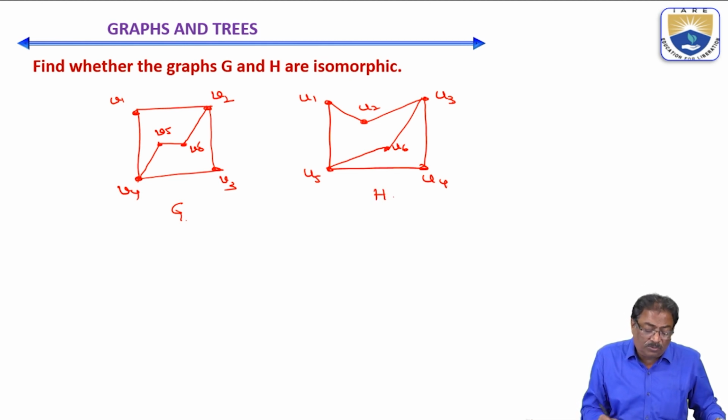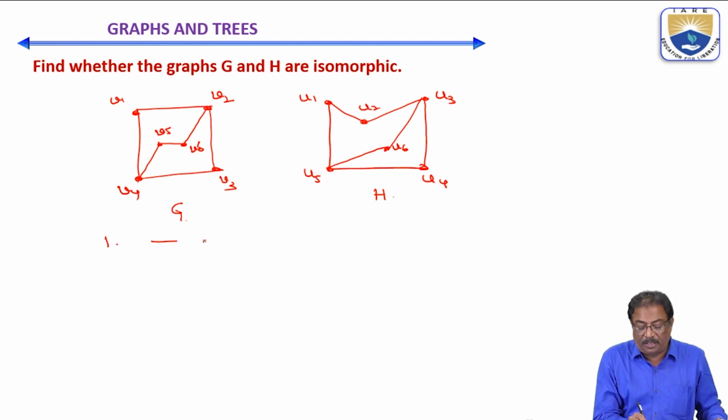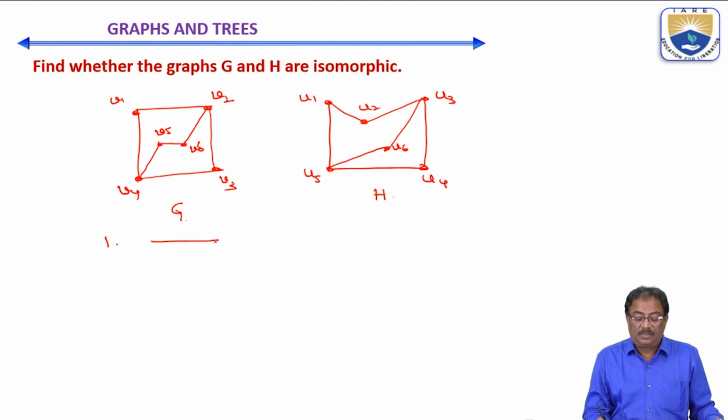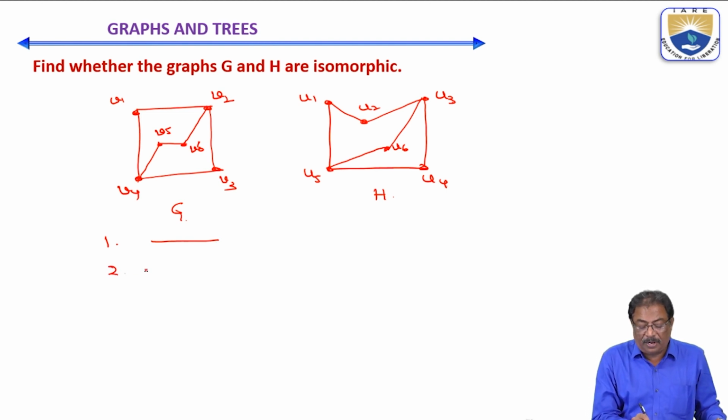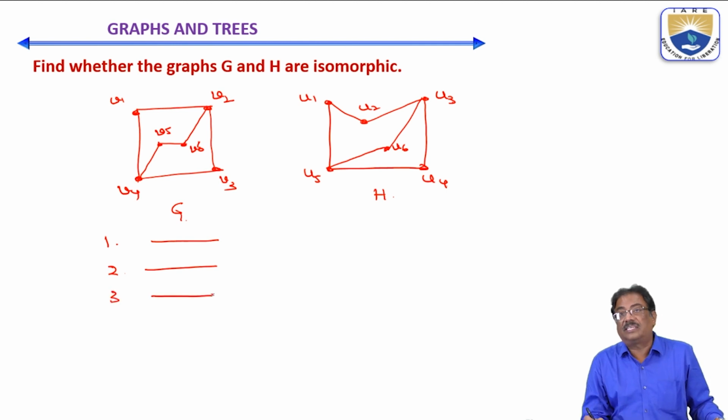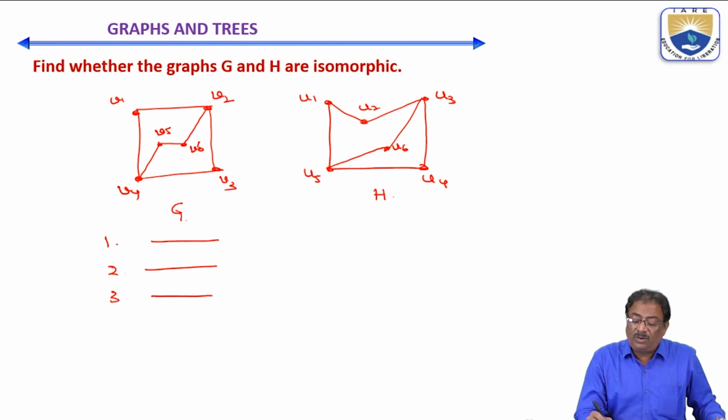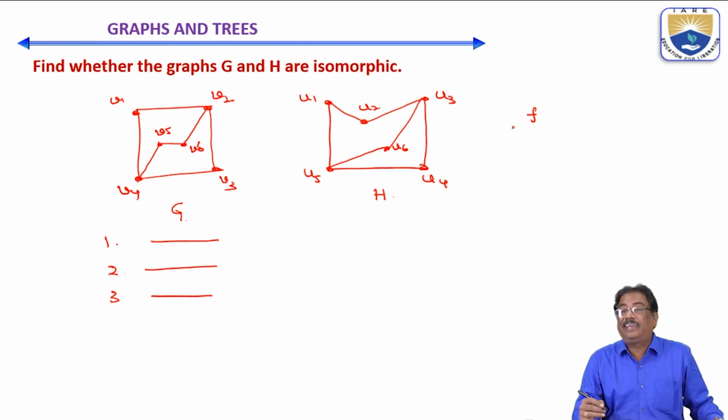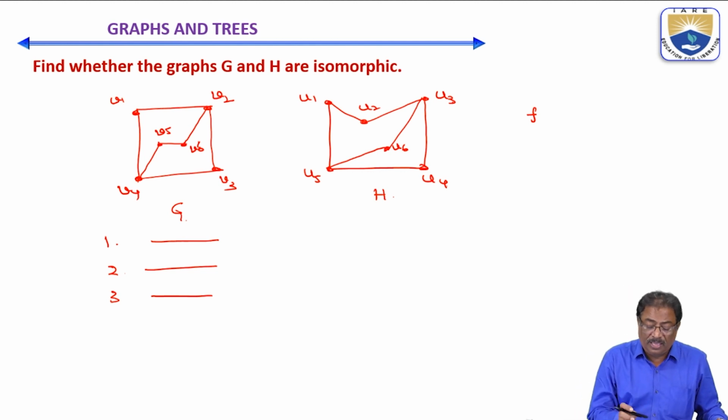While we see whether the graphs are isomorphic or not, first we verify the number of vertices. Second, we verify the number of edges. After that, we verify whether the adjacency is preserved or not. Or else, we consider the degree sequence of all the vertices.